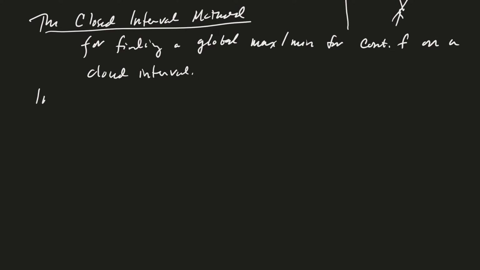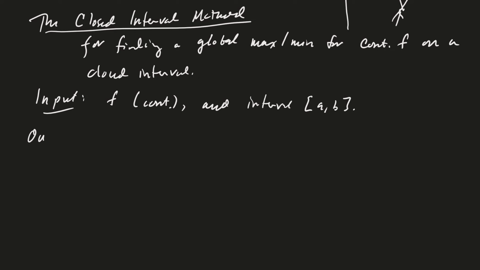I'm going to write this like a computer algorithm. The input would be the continuous function f, maybe I'll write continuous in parentheses, and the interval [a, b]. What's your output?